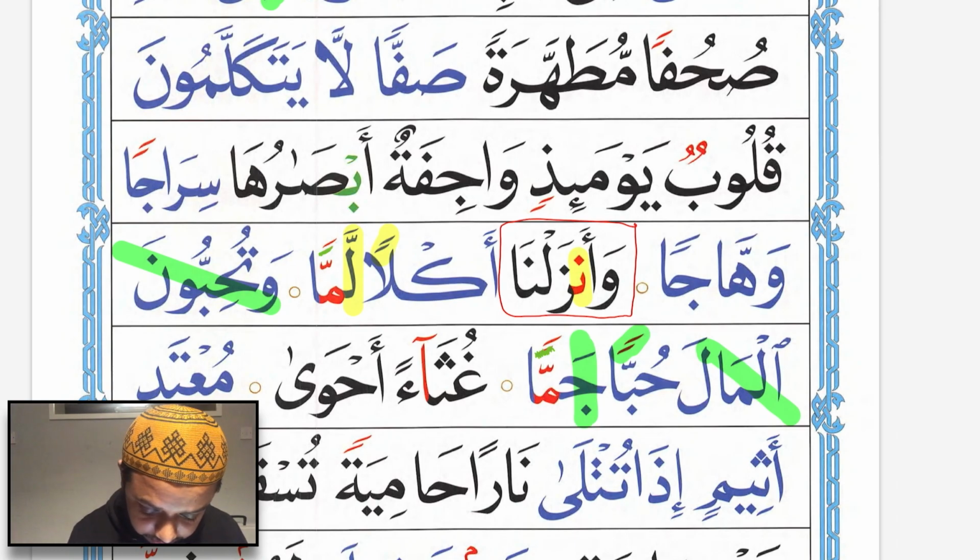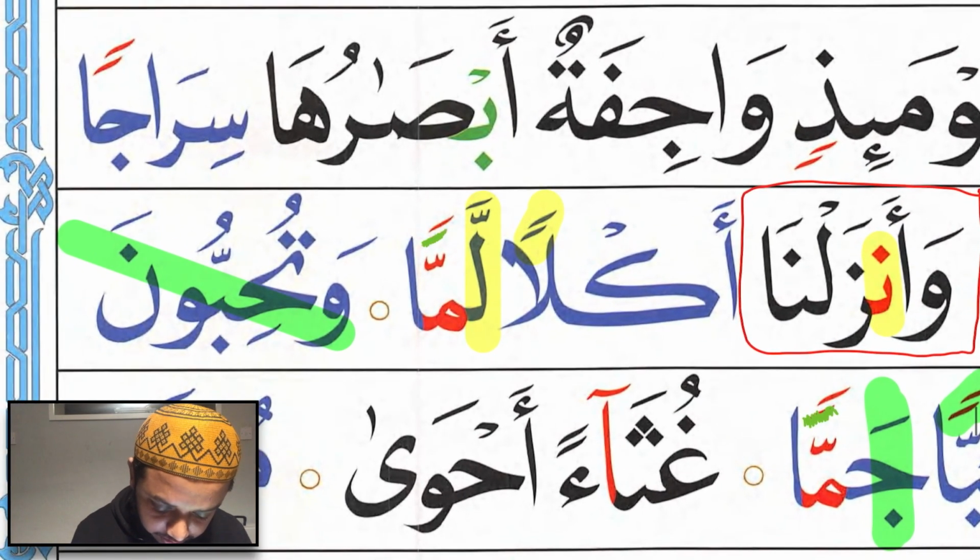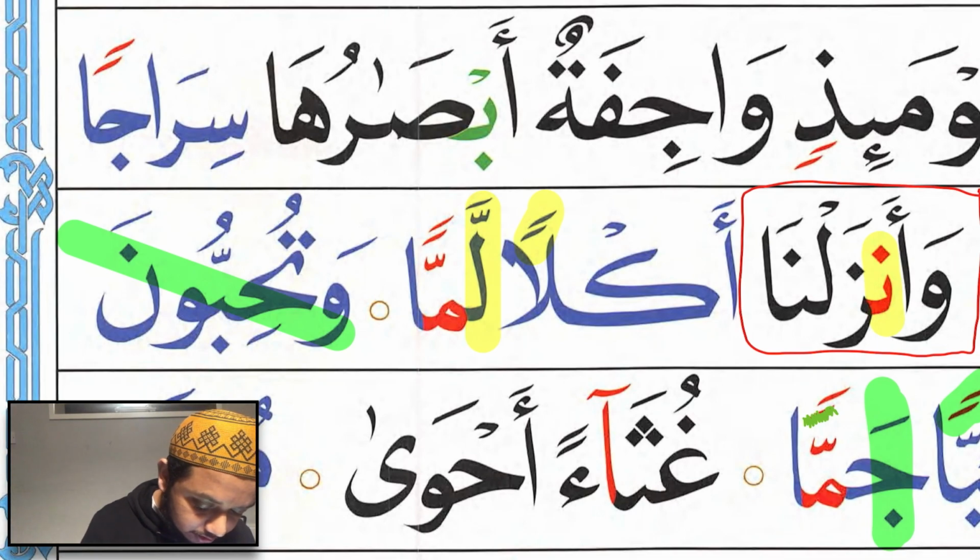Okay, what if we wanted to join aklalamman and wa tuhibbuna al-mala hubban jamma together? Then let's think about it. Aklalamman. What do we have? We have tanween. Now is the next voweled letter one of the yarmalun letters?